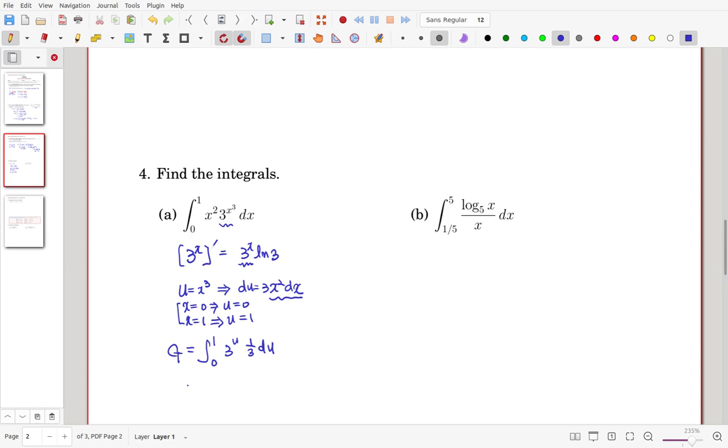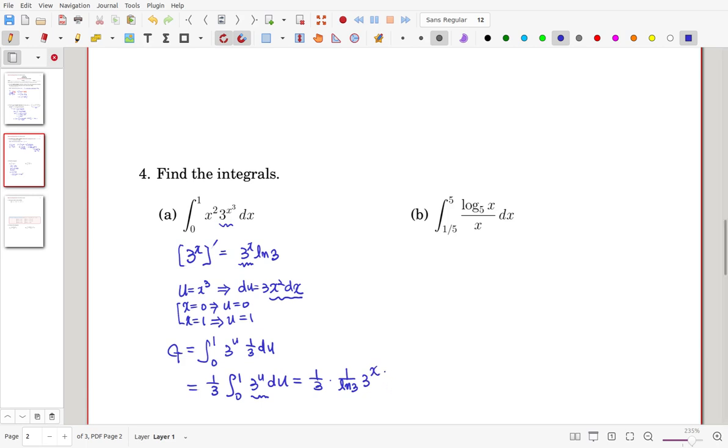So let's rewrite this one. 1/3 can go out, and from 0 to 1, 3 to the u du. Okay, 1/3 is here, and the antiderivative of 3 to the u is the same as 1 over logarithm 3 and 3 to the u.